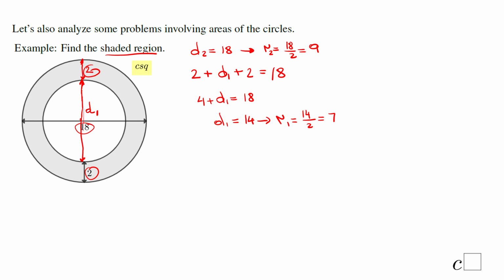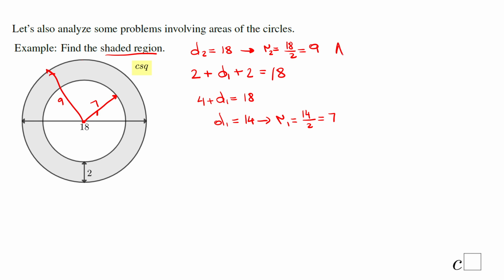So now we know what we need for finding the area of these two circles. We know the radius of each circle. Like I said, this is going to be 7, and this is going to be 9. So we can move and find the area of each circle.